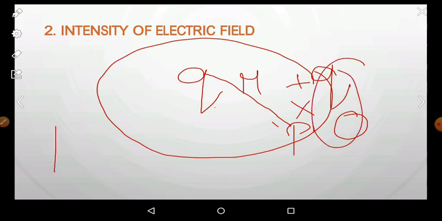It means force between the two charges Q and Q naught divided by Q naught. Remember, in the second lesson I explained that all the electric field characteristics are determined with respect to unit positive charge only. So the force acting on unit positive charge is called intensity of the electric field.